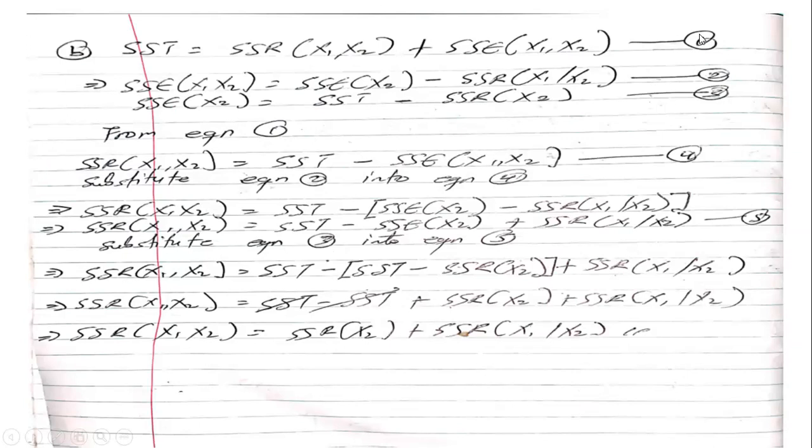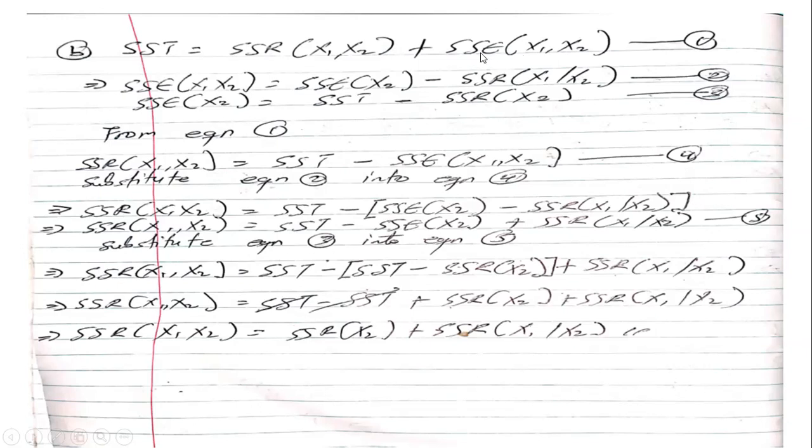Now what I'm looking for is the sum of squares residual for S1 and S2. So I want to eliminate this and rewrite it so that I only have it in terms of SSR.